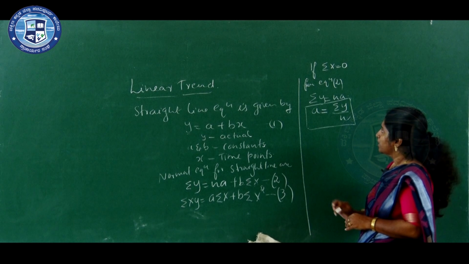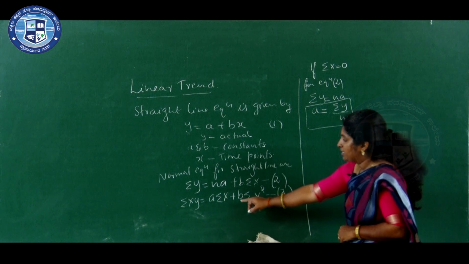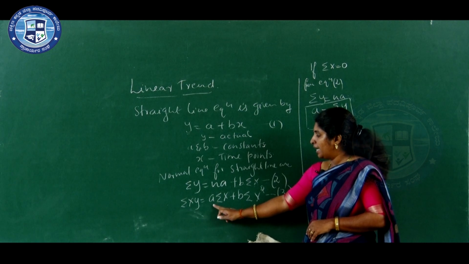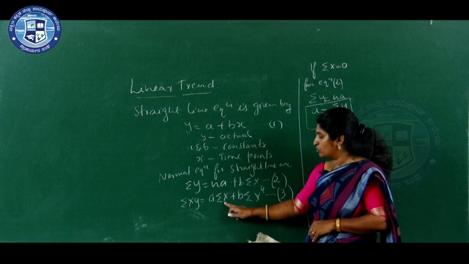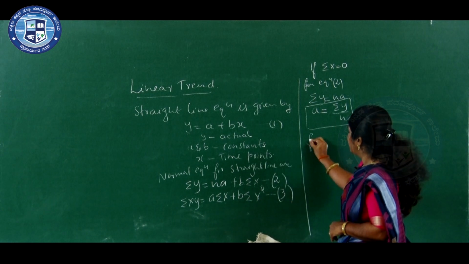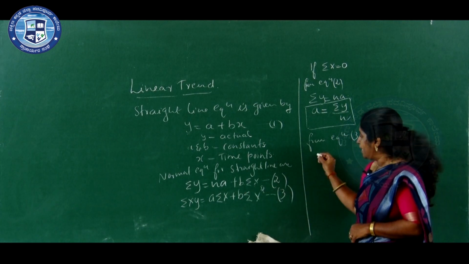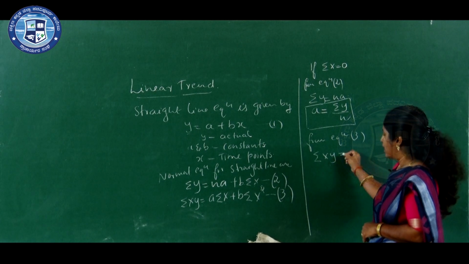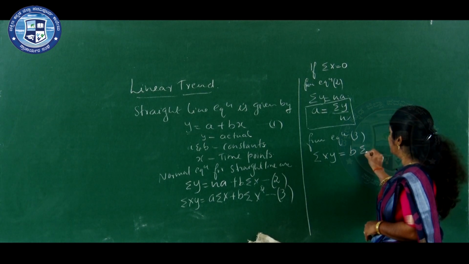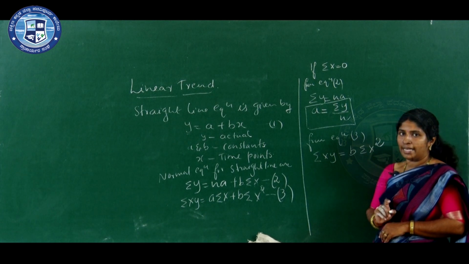Next, if summation x is equal to 0 in equation 2, summation xy is equal to a into summation x, that is a into 0, plus b into summation x square. So summation xy is equal to b into summation x square.